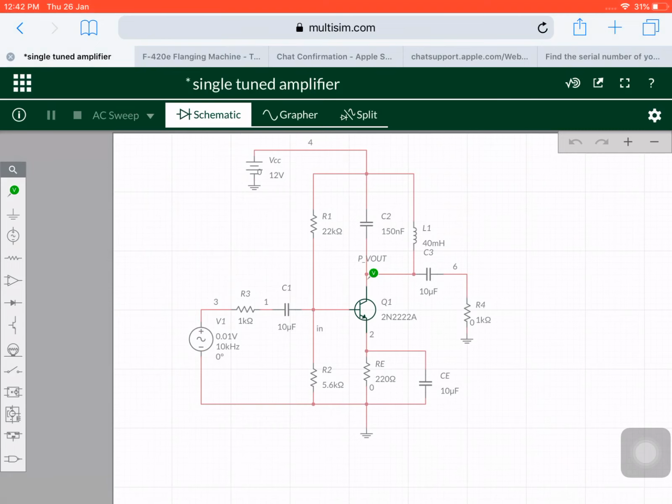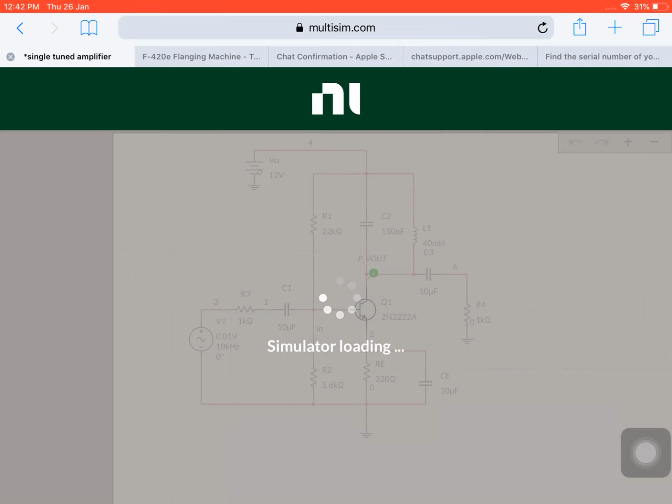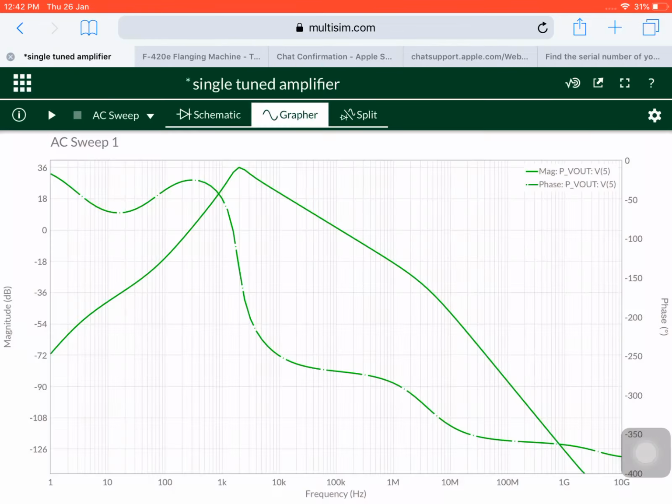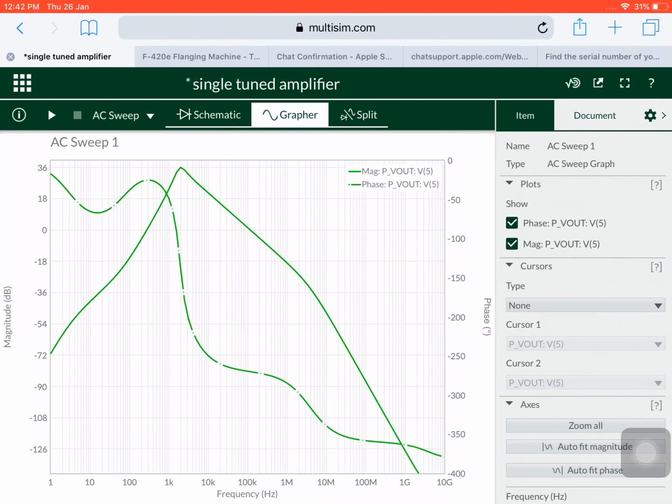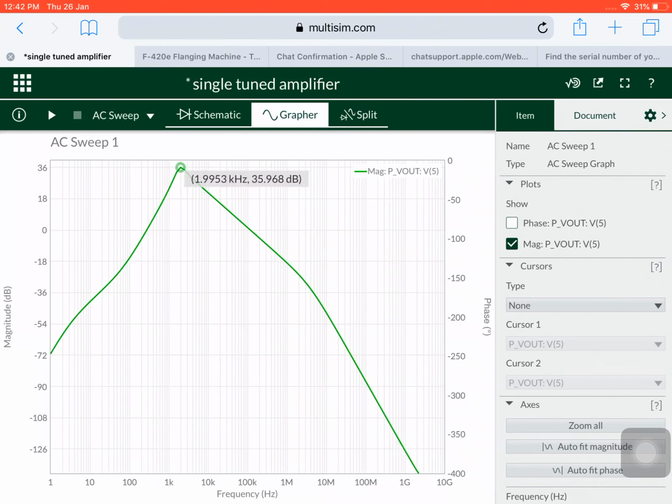When I simulate this particular circuit, I will get a frequency response. This frequency response is having only one peak value. This is at this particular point. This is having a peak value of 1.9 kilohertz. If you substitute, you will get the same.